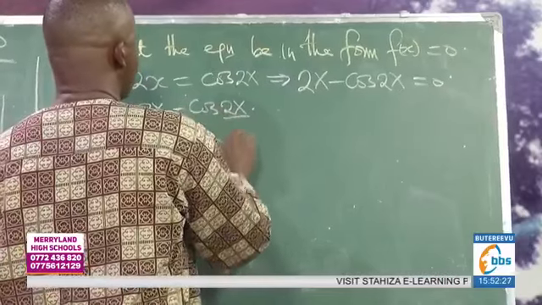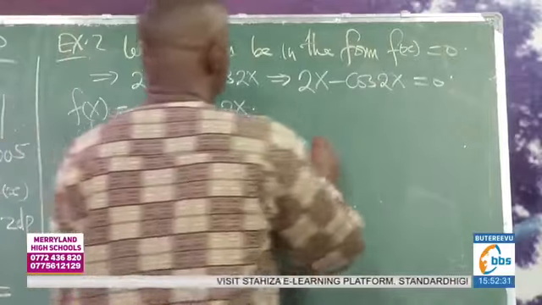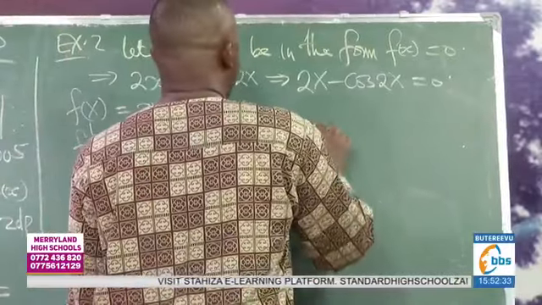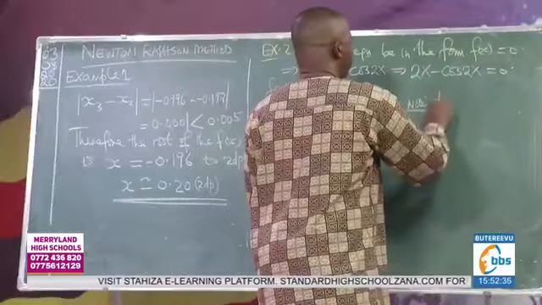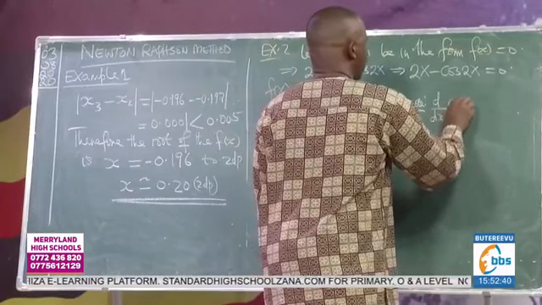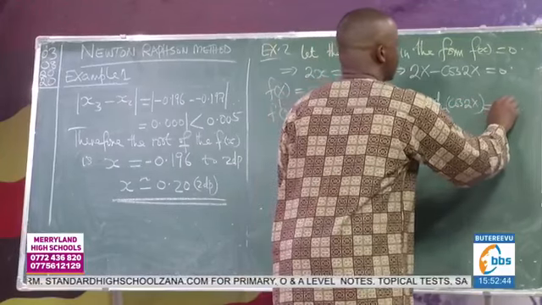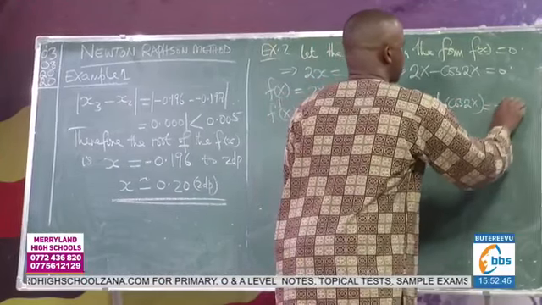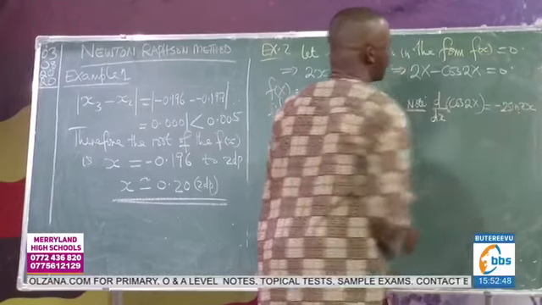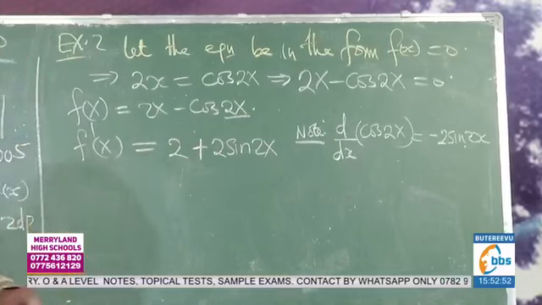Then we differentiate this, which will be minus sine of 2x. Note for those that have not done differentiation, that if we differentiate cos of 2x, we get minus 2 sine of 2x. So this minus times this minus makes this positive.